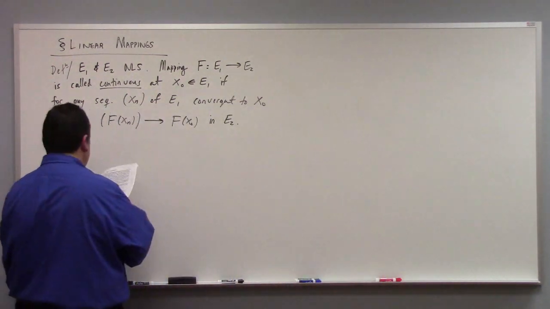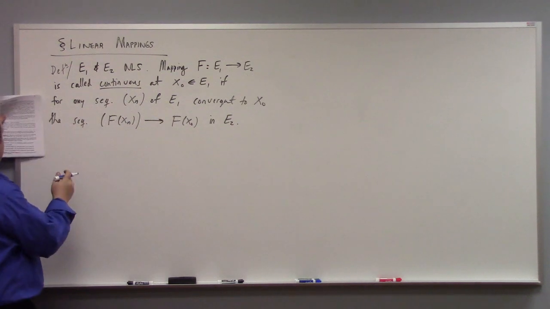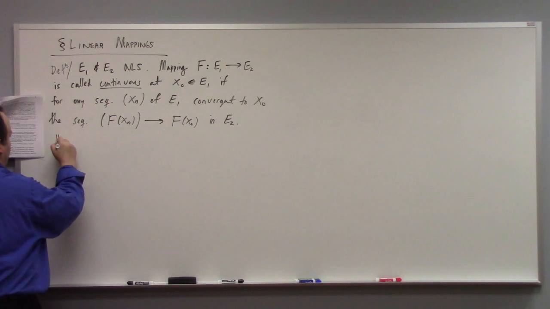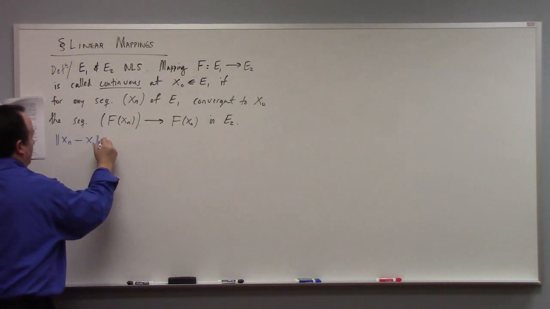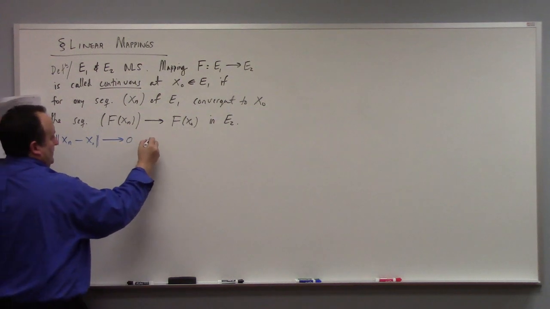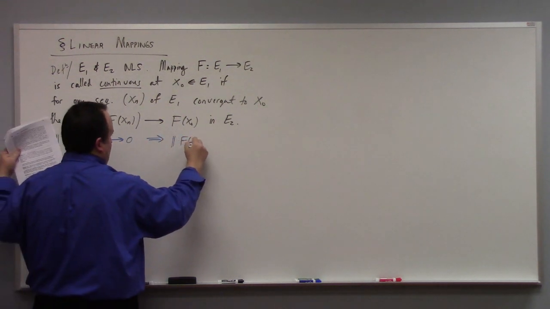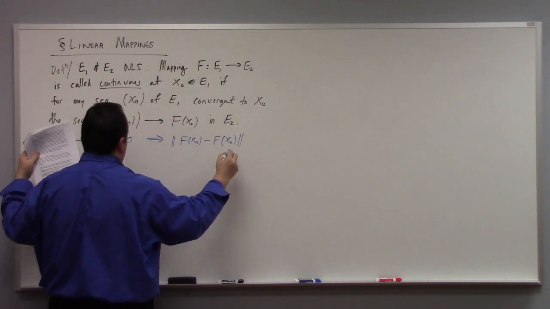Now, pragmatically speaking, what we're really saying is that if you're given that the norm of xn minus x0 goes to 0, that implies that the norm of f of xn minus f of x0 goes to 0.